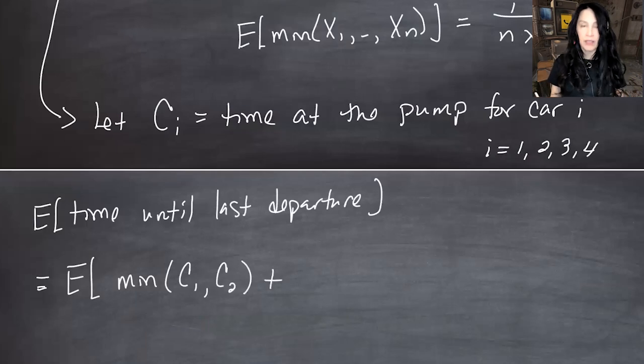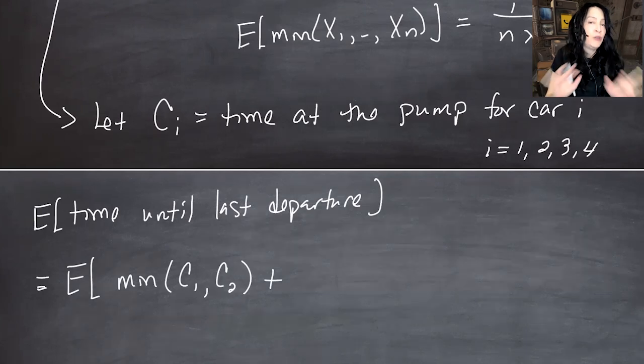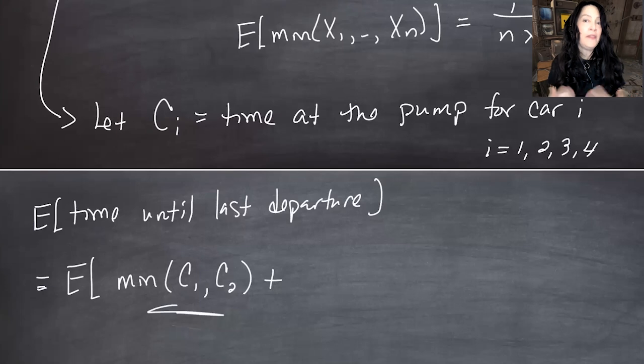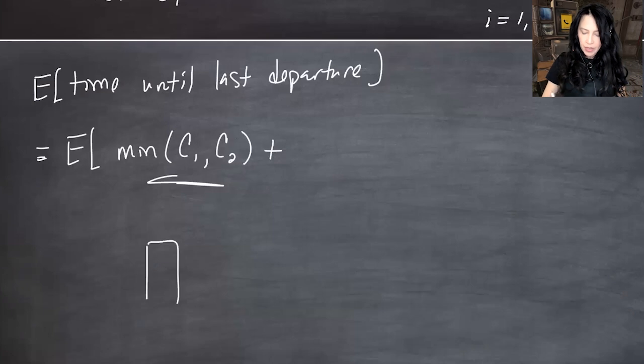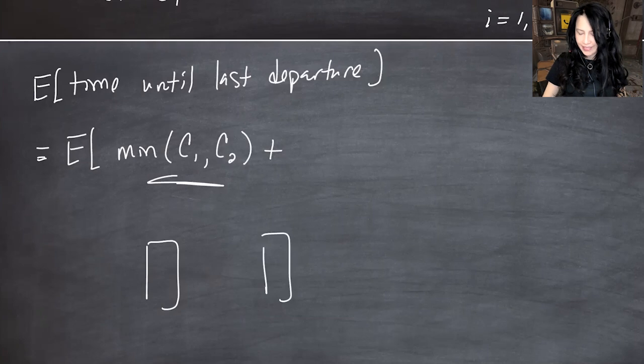When one of them leaves, car 3 pulls in. So car 3 is now going to be racing against whoever was left and their remaining time. So when car 3 pulls in, what you have is a pump, and, I was saying in office hours, I can't draw cars, especially from the top.